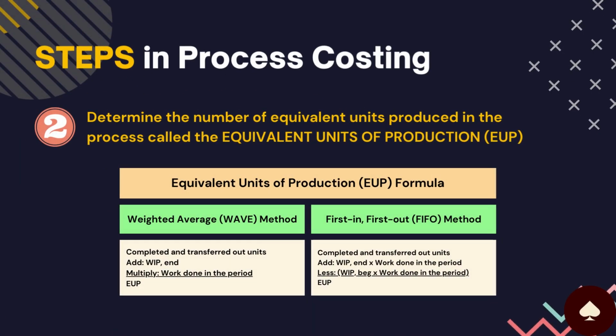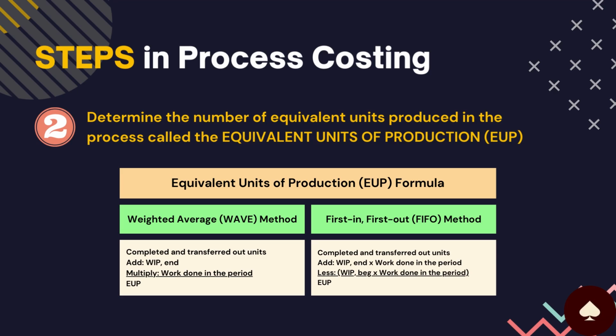Furthermore, for EUP calculation, we have two approaches. Number one, weighted average or wave method, and number two, first in, first out, or FIFO method. To get the EUP under the wave method, all we need to do is to get the amount of the completed and transferred out units, add the ending work in process, and multiply the work done in the period.